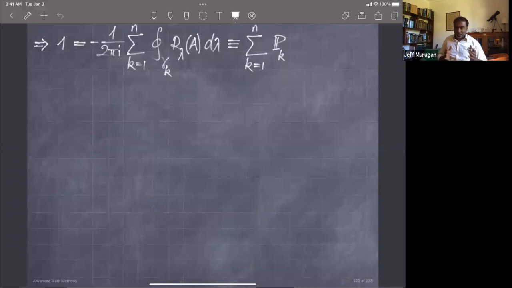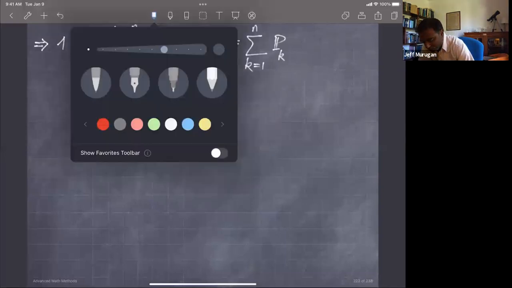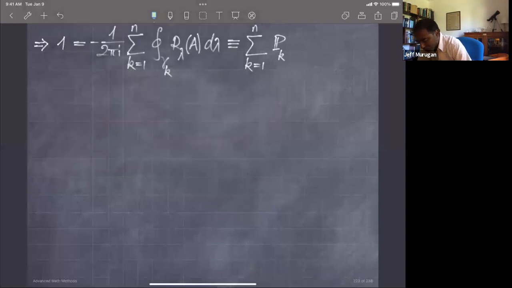And so anywhere I can stick an identity, I can expand it as a sum of these projectors. Okay? So the question then comes down to, is this a projector, or projection operator? Okay. If it is, then what we have on our hands is a resolution of the identity.